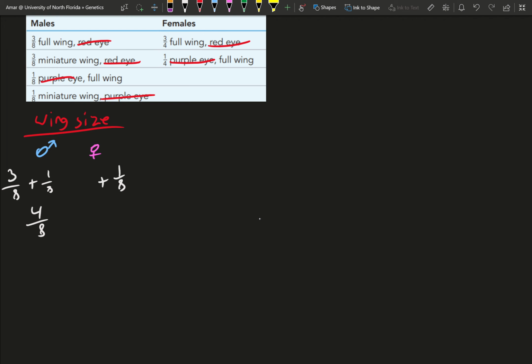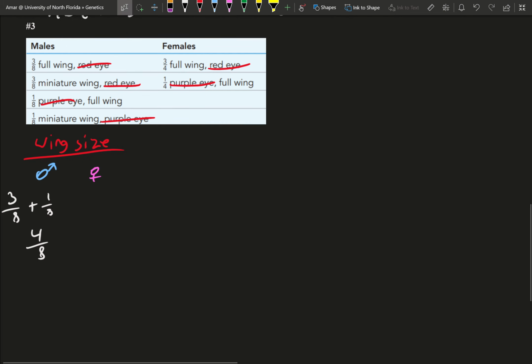Oops, my bad, I did not read the question. That'll be full wing, and then mini is also 3/8 plus 1/8. So the mini is right here. We're combining those together, which we get 4/8 are minis as well.